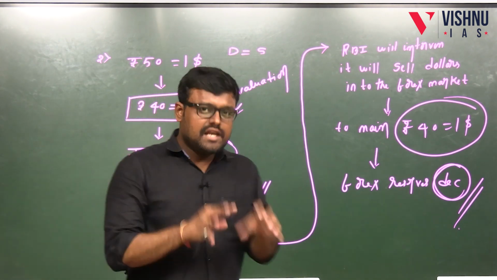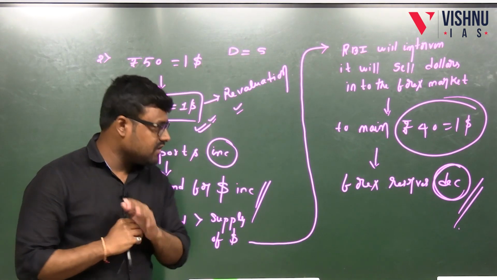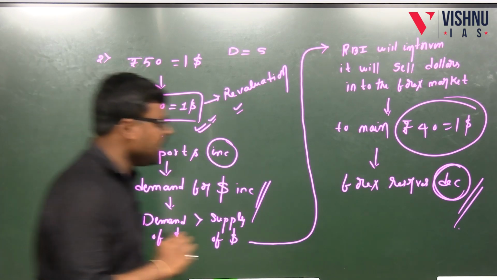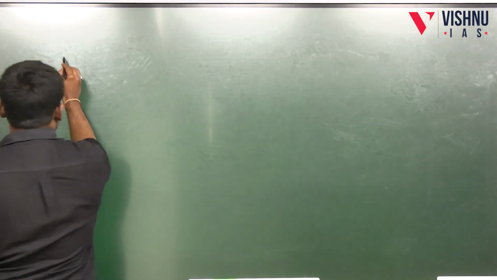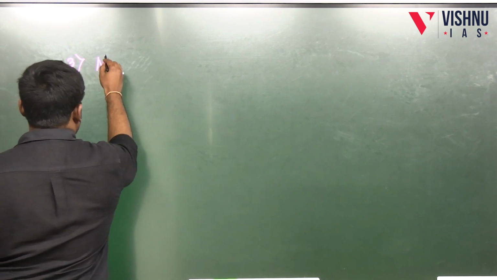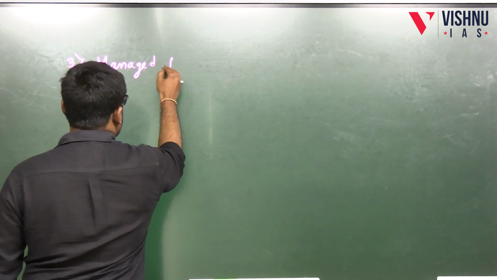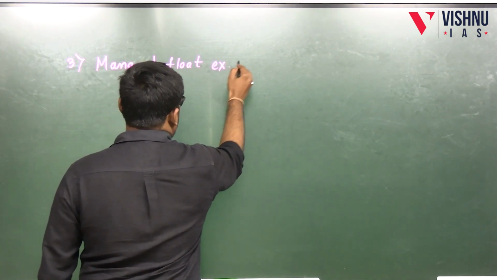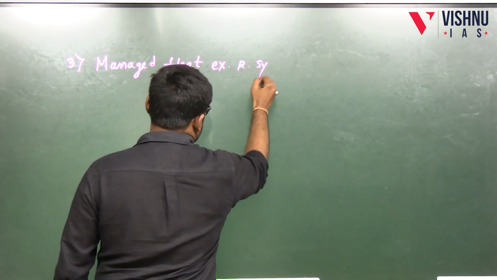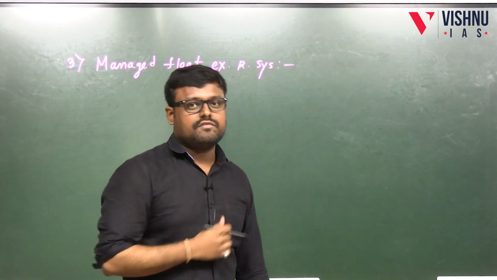So these are basically the two types of exchange rate system, but there comes another exchange rate system, the third one, the managed float exchange rate system.